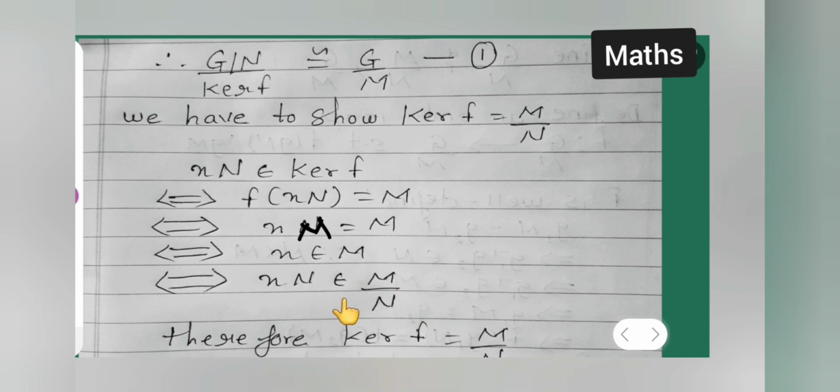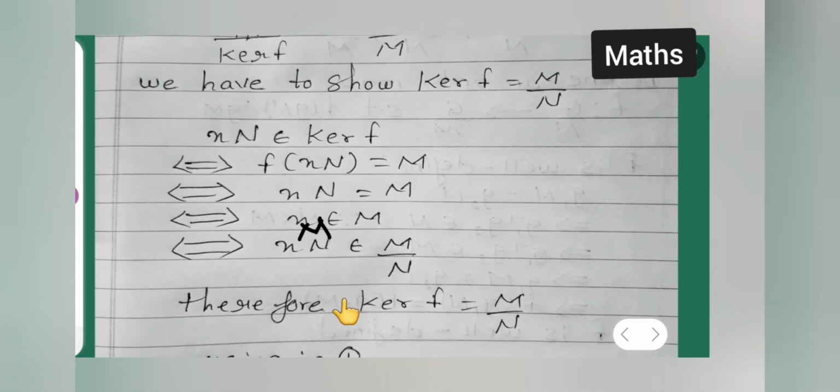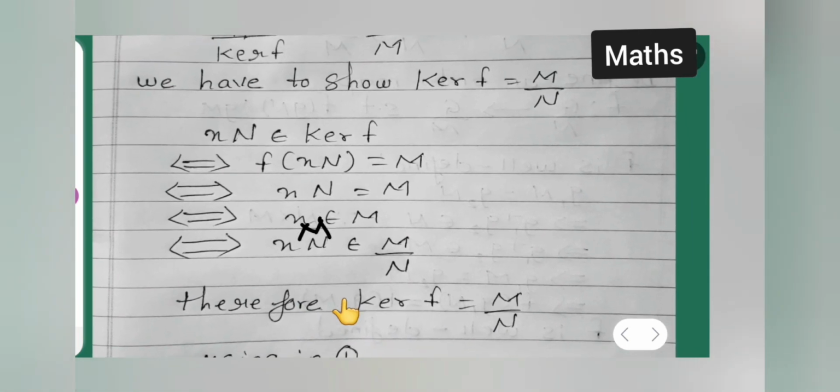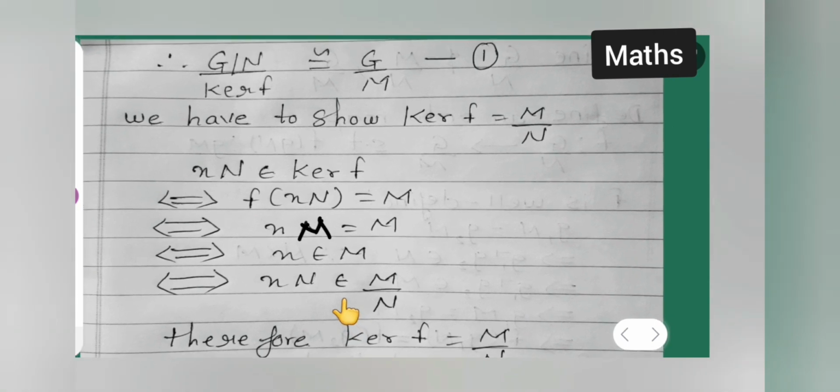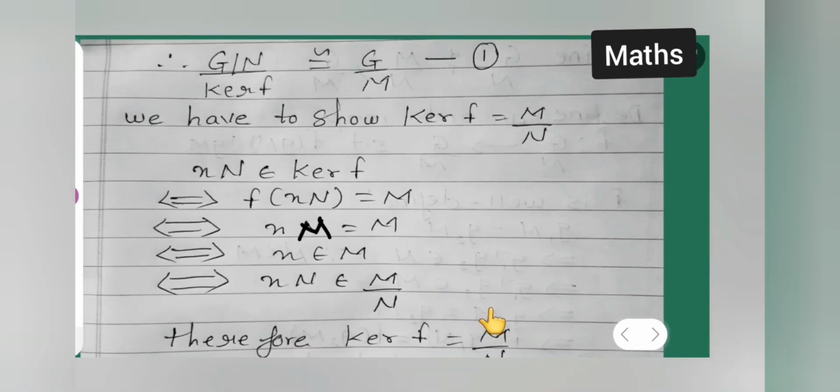Therefore, this xn belonging to kernel of f, in place of xn I am going to write kernel of f, which is equal to m upon n. So this was m upon n.